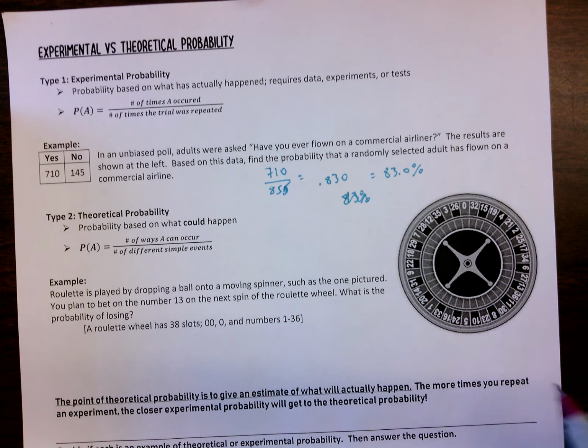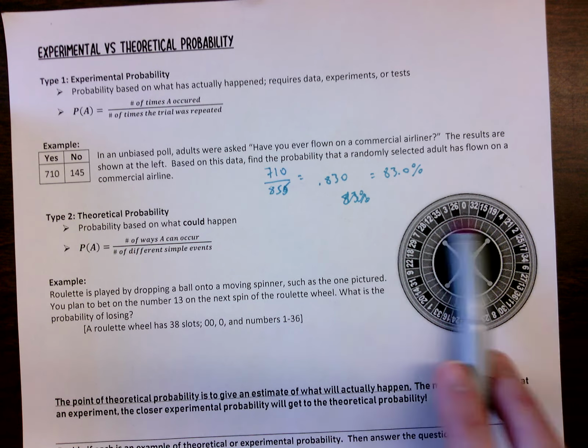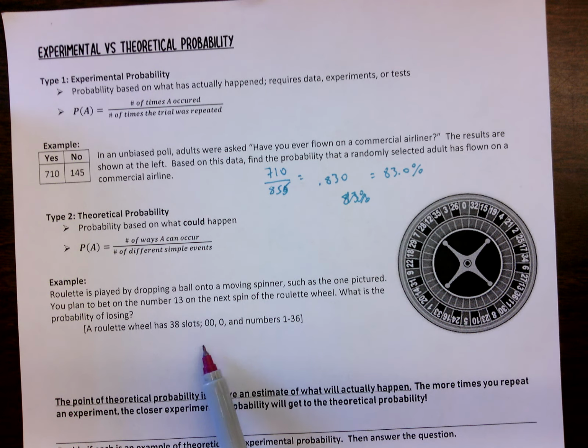We want to know the probability of losing. There are 38 different slots, so you don't have to pull it from the picture. There's a 0, a double 0, and the numbers 1 through 36. Again, depending on if you're looking at the American or the European version, it's a little bit different, but that's the general idea.